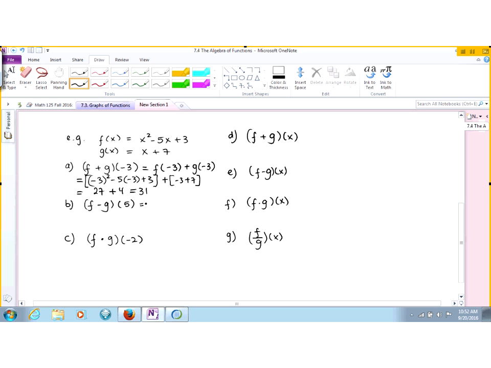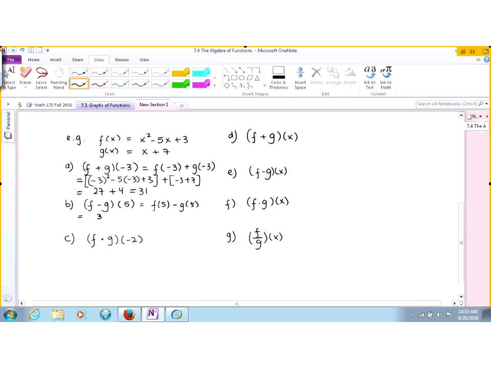All right. So f minus g of 5. What is it? Yes, f of 5 minus g of 5, right? So we write them separately first. So f of 5 is, you can just do it in your head also. So 5 squared minus 25 plus 3. So what's that? 3.